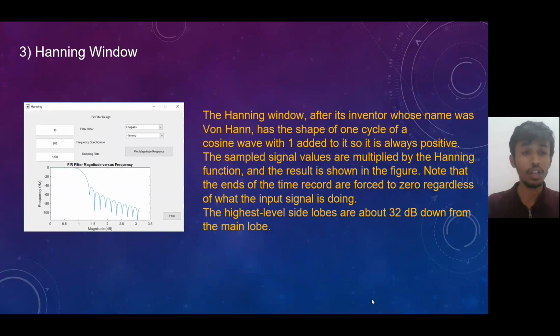The next window is the Hanning window, whose inventor was Julius von Hann. He gave the name due to its shape. The shape of this window is 1 plus a cosine wave, which is always a positive number. The sampled signal values are multiplied by the Hanning function and the result is shown in the figure. Note that the ends of the records are positive and zero regardless of input range. The highest level of side lobes is about 32 dB down from the main lobe.